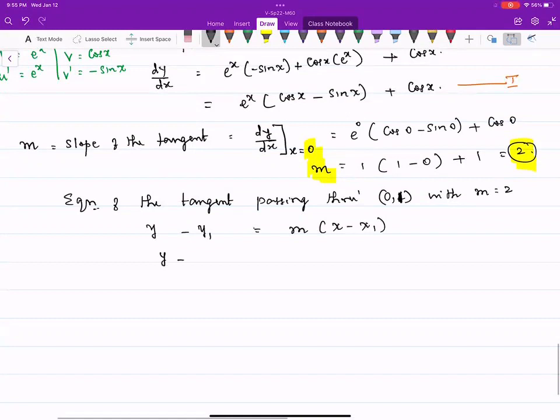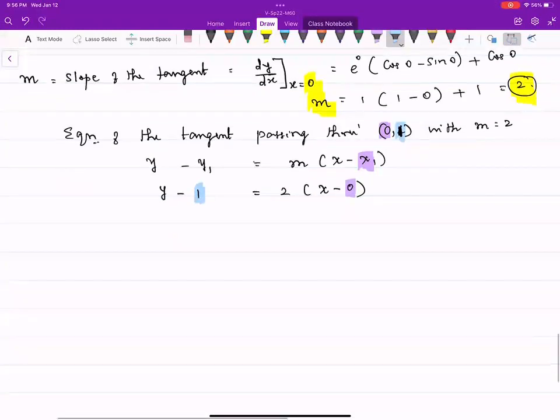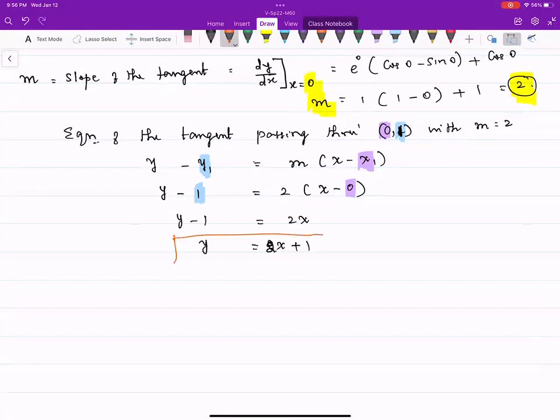So y minus, what is the y coordinate? 1. Slope is 2. X minus, what is the x coordinate of the point? 0, right? So we get y minus 1 equal to 2x. So if you move the negative 1 to the other side, you get y equals 2x plus 1. That is the equation of the tangent line at the point 0, 1.